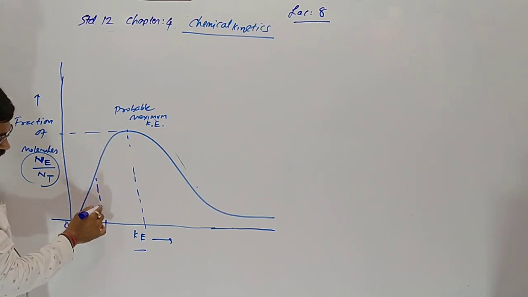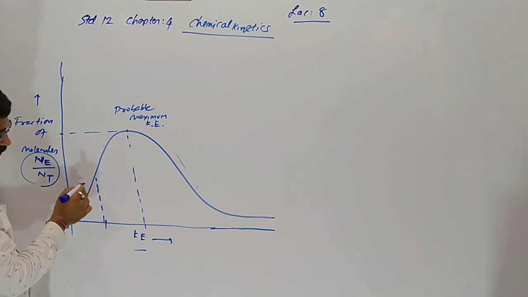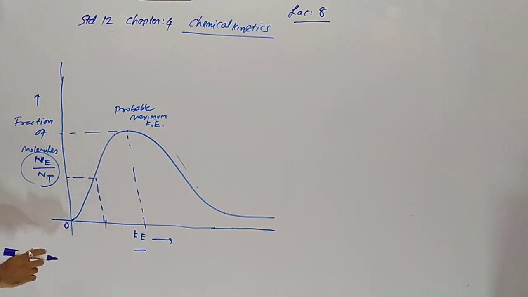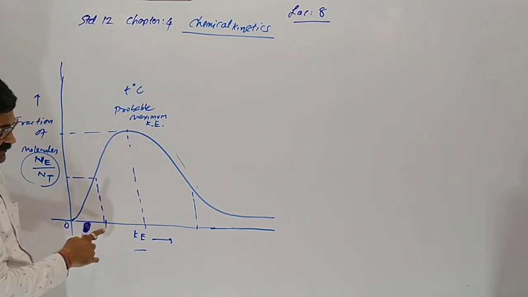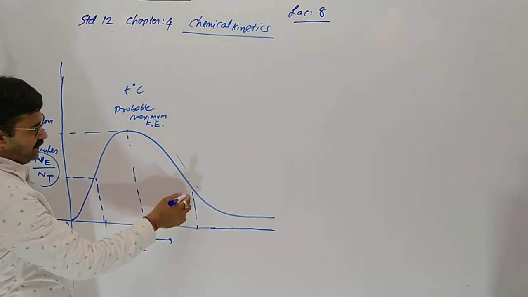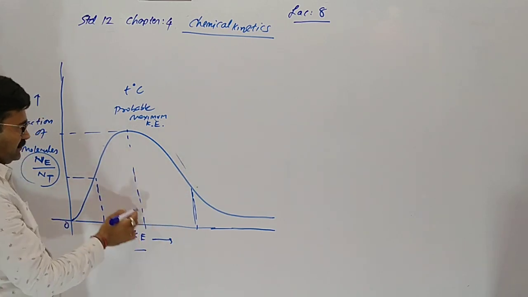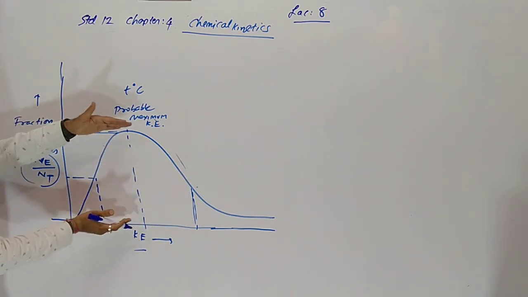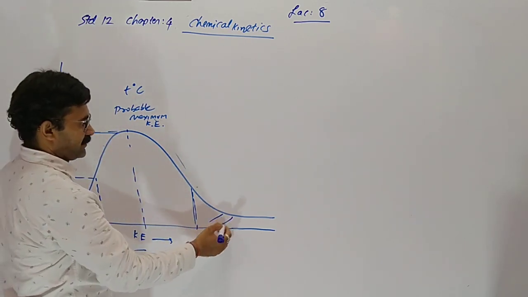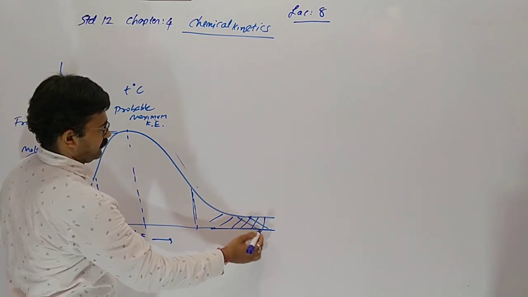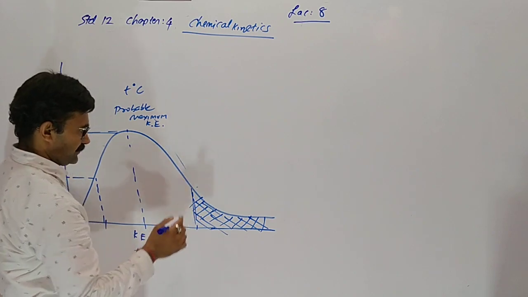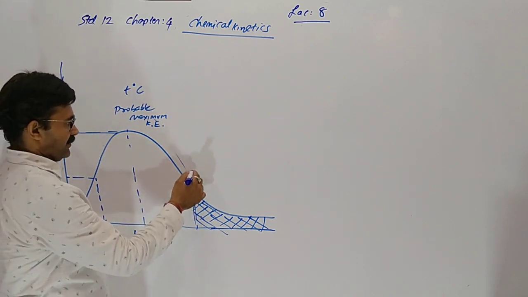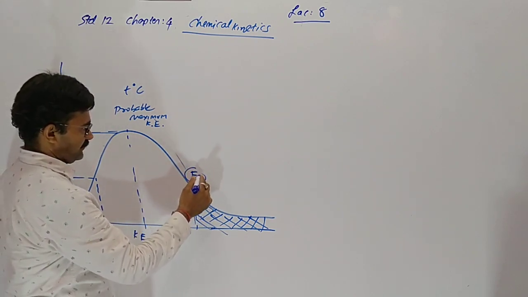We discussed that molecules with low kinetic energy are very few, intermediate kinetic energy molecules are more, fraction is more, and molecules with higher kinetic energy are very few. So this is our activation energy.